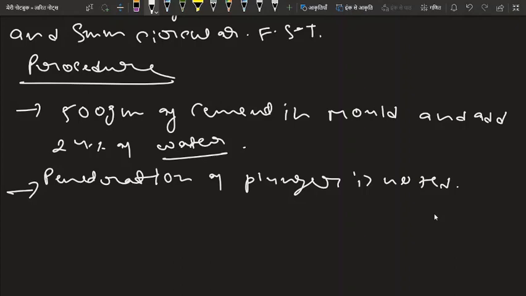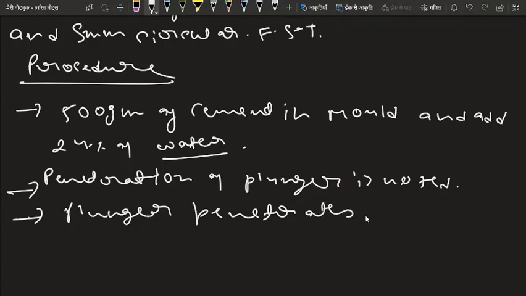The best percentage of water content for the consistency test is the one at which the plunger penetrates about 33 to 35 mm from the top.